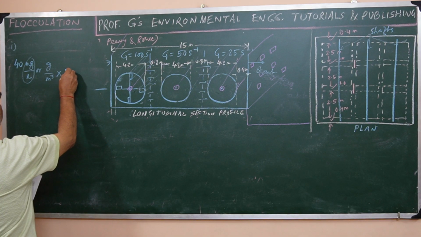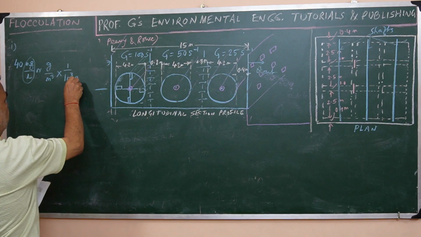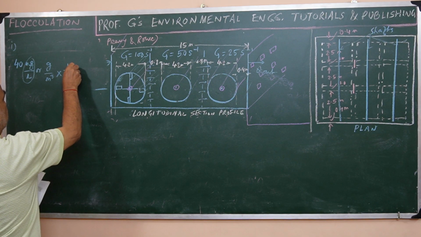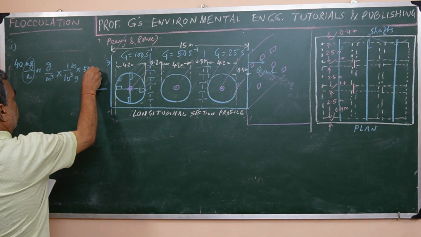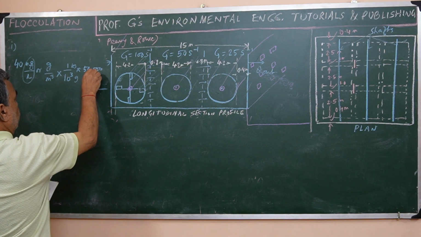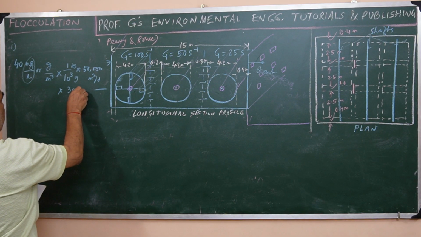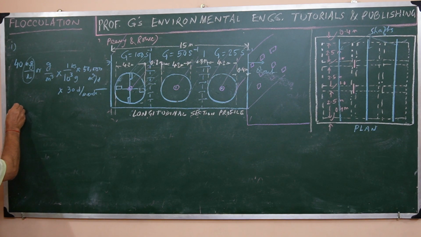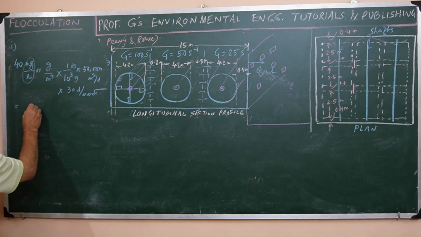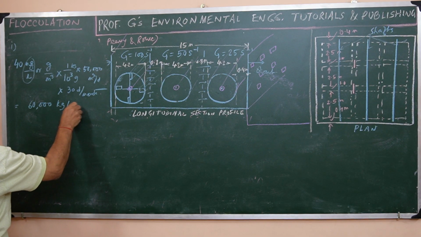Okay, so this would be 40, so this is kg, this 1 kg into 50,000 meter cube per day into 30 days a month, right? So monthly requirement will be straight away 60,000 kg per month.